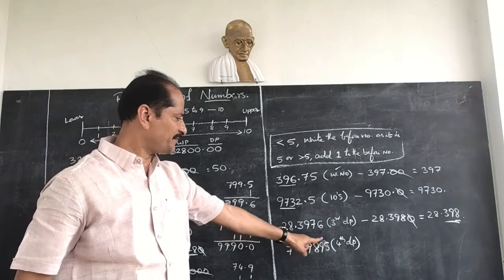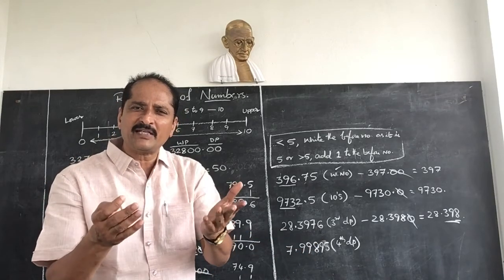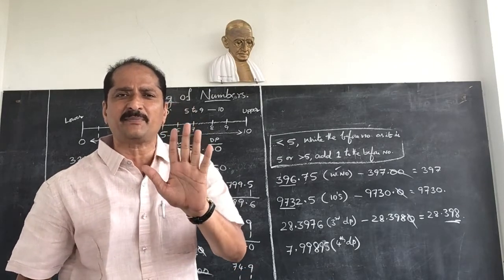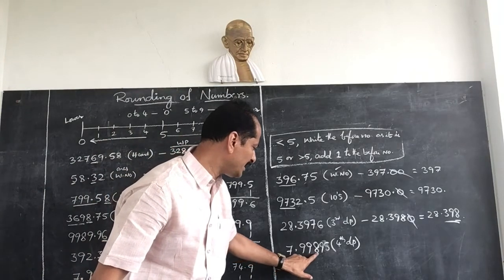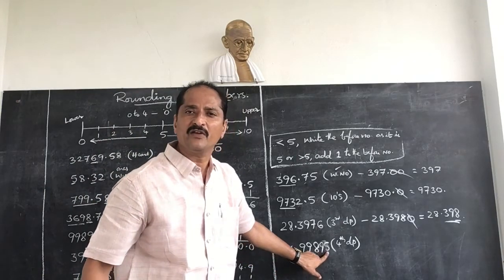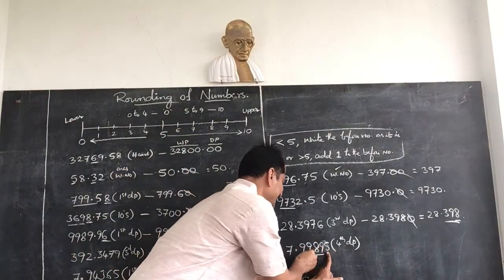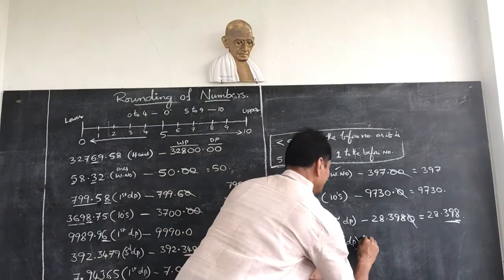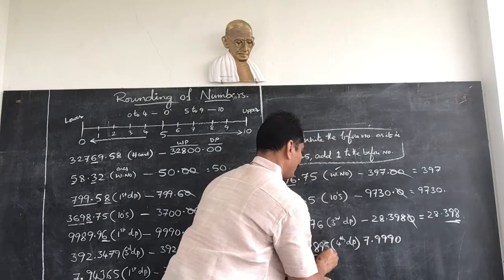Now he is asking for fourth decimal place. To round off this number to the nearest fourth decimal place, we should see next lower than fourth decimal place. Next lower than fourth decimal place is fifth decimal place. Digit in fifth decimal place is 1, 2, 3, 4, 5. 5. If it is 5 or more, add 1 to the before number. Add 1 to this whole number. So 7.9989 plus 1 becomes 7.9990.